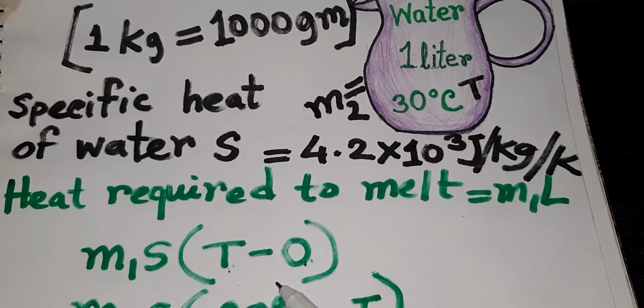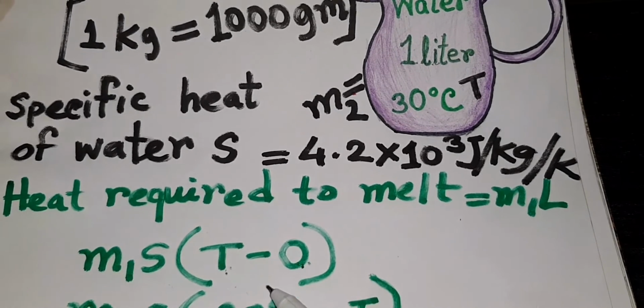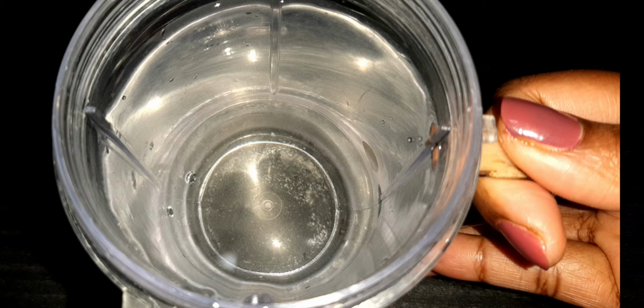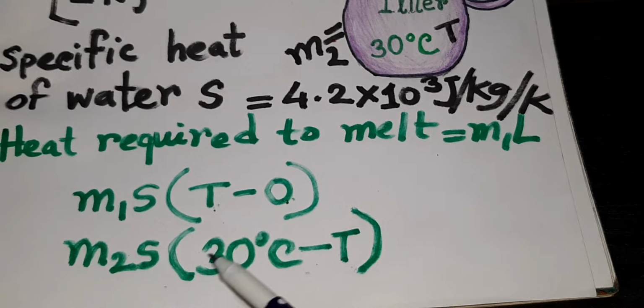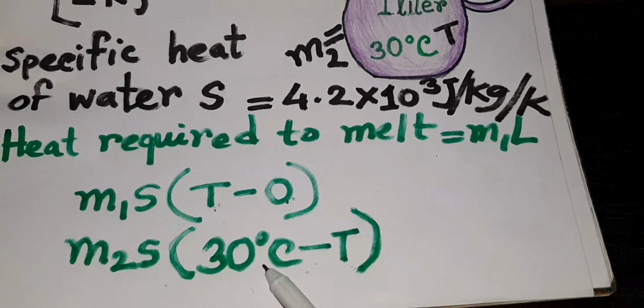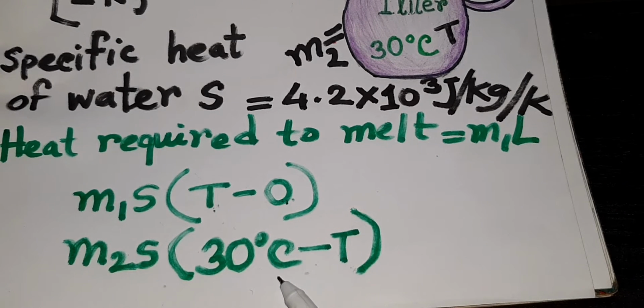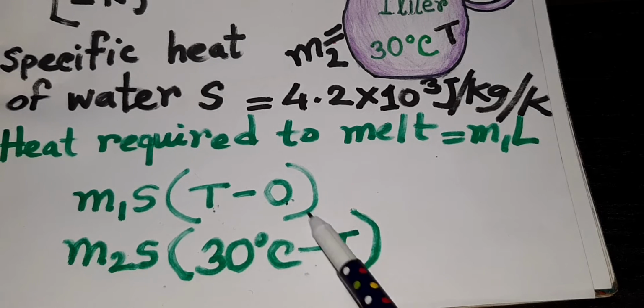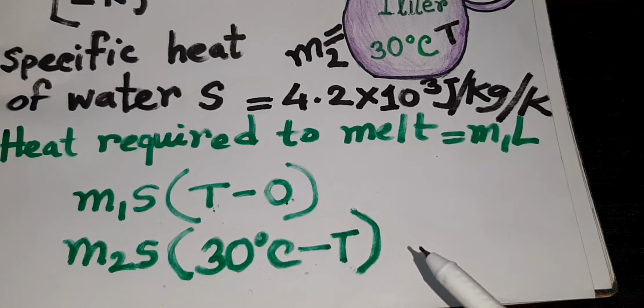So the equation: the mass of water m2, and the specific heat, times 30 degrees Celsius minus the final temperature of water. That is the equation we need to figure out.